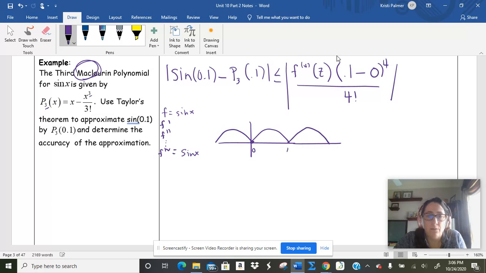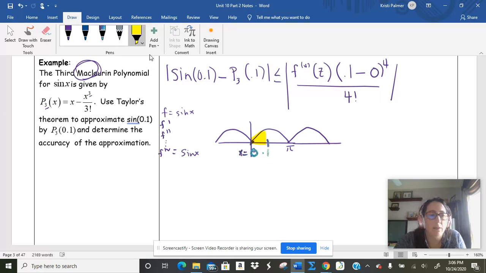Sine of 0, sine of pi, and that's as far as I really need to go out. We said we centered it around 0. And we're going out to 0.1, which is definitely less than pi. So I'm looking right here. And I know I went out too far, but that's okay.